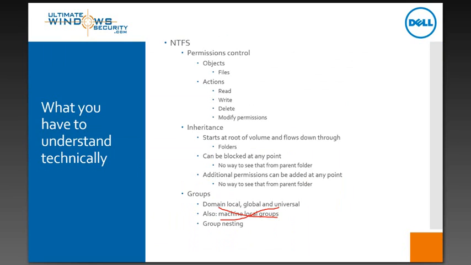Let's see here. Nasir asks, what is the difference and what is similar about groups and OUs in AD? When should you use one versus the other? Okay, Nasir, it's common for people to get confused, but groups and OUs are apples and oranges, if you will.